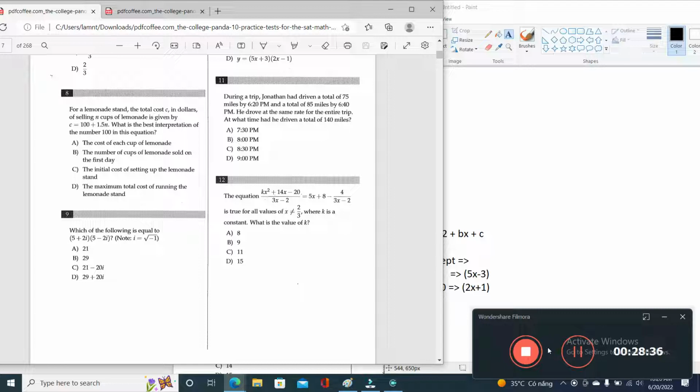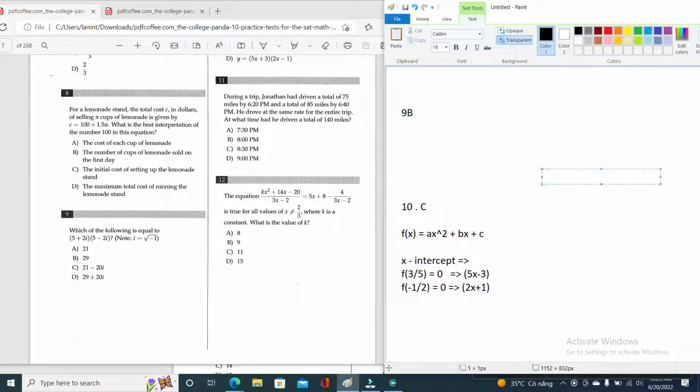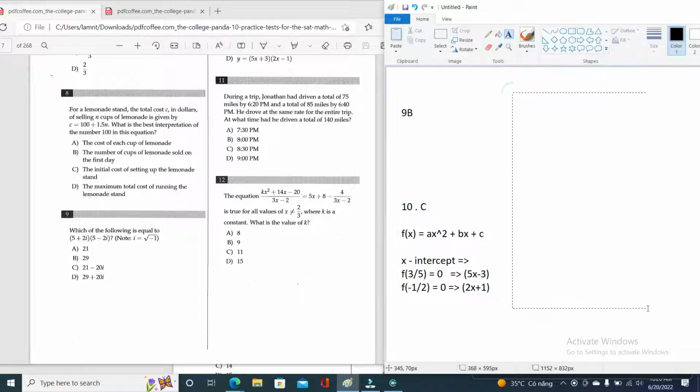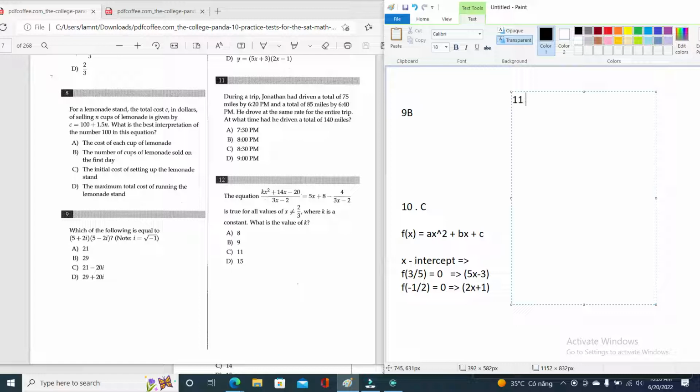Okay, so let's write down to calculate. 11. So 6:20 p.m. is 75 miles, and 6:40 p.m. is 85 miles.